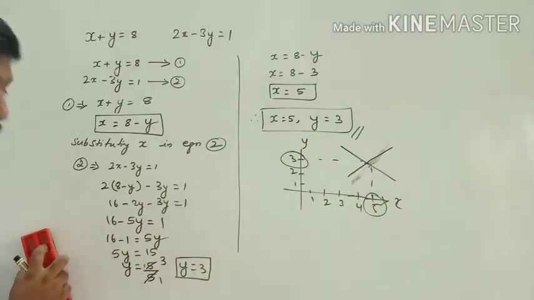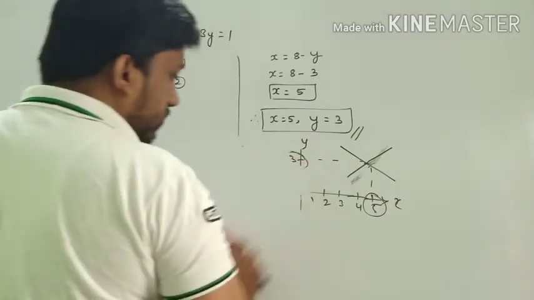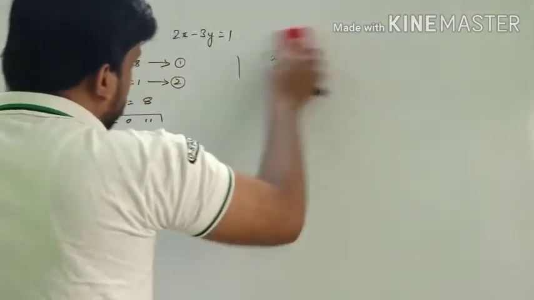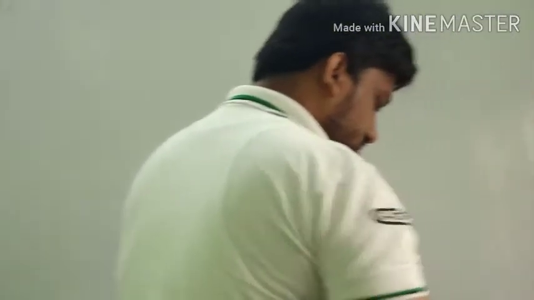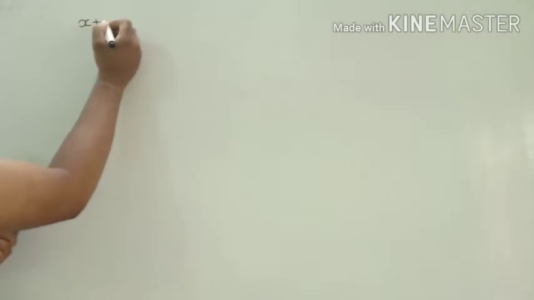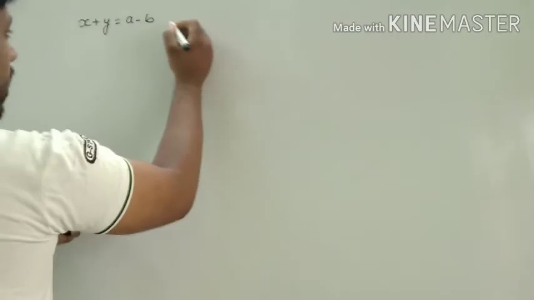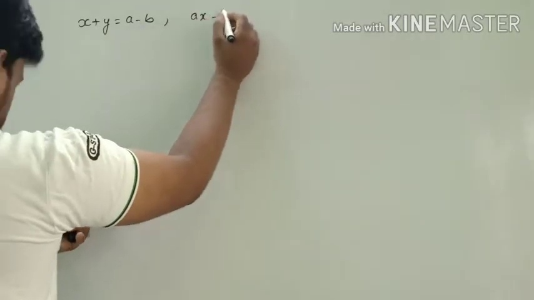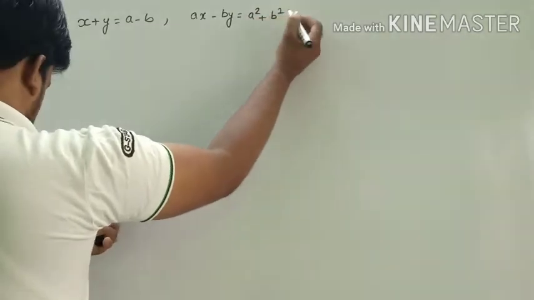So let me do another problem in the method of substitution. Let me take the problem. x plus y is equal to a minus b and ax minus by is equal to a square plus b square.